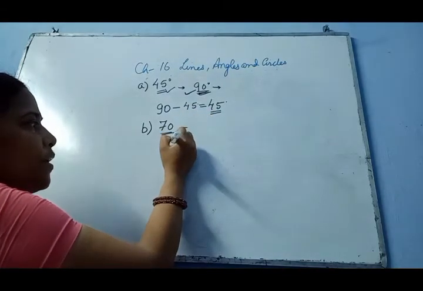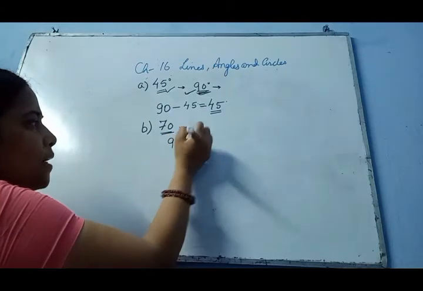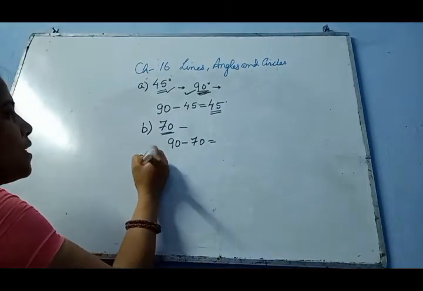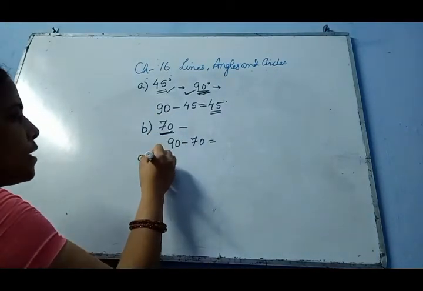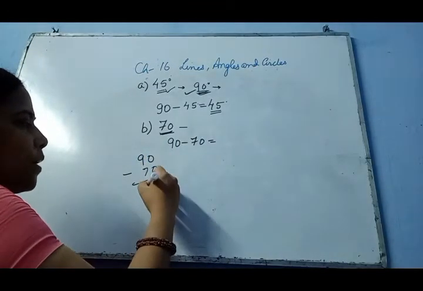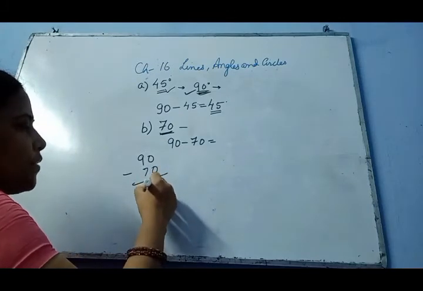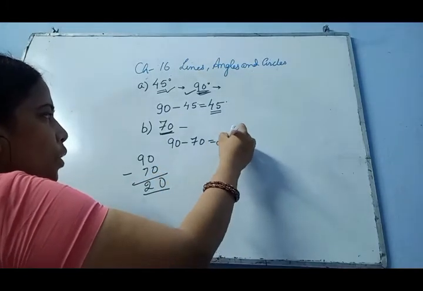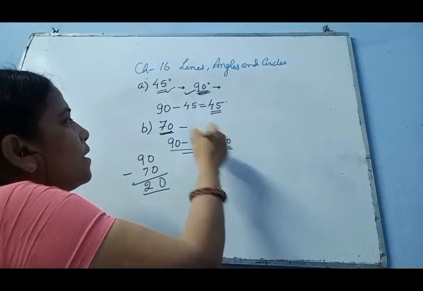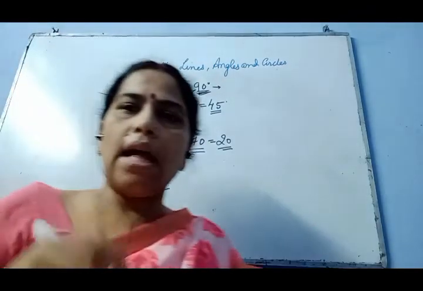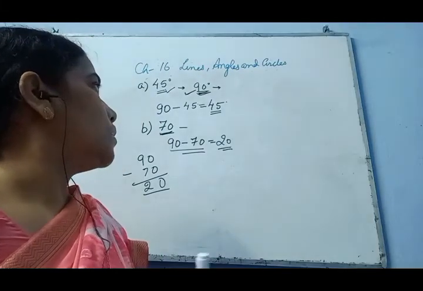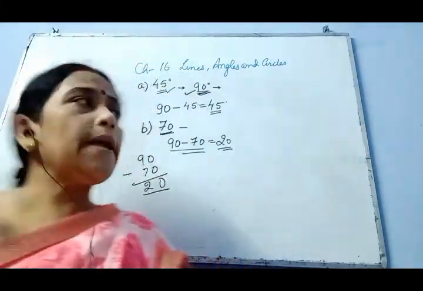For that we write 90 minus 70, and then we get the complementary angle. Subtract 70 from 90: 0, and 9 minus 7 is 2. So we get 20. This 20 degrees is the complementary angle of 70.